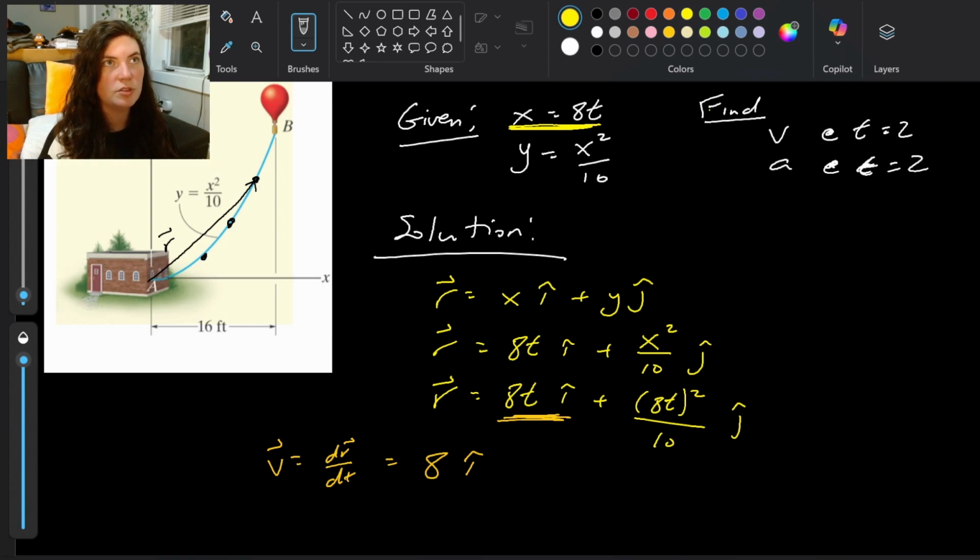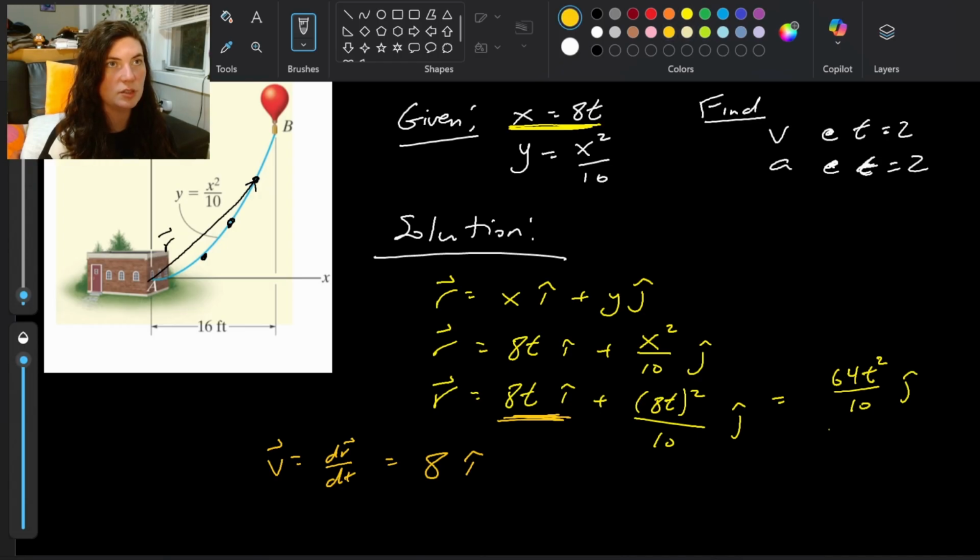Now I'm actually going to multiply out this (8t) squared over 10, so I have something a little bit easier to work with. So that is 64t squared over 10 in my j hat position. And I'm taking the derivative of that to get the velocity.